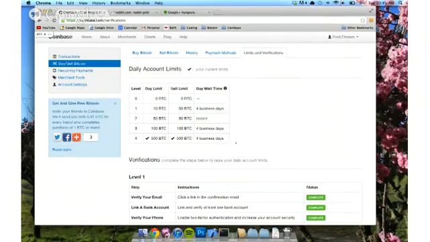But you're absolutely right. You start out at level 1. You can see here where you're able to buy 10 Bitcoin and sell 50 a day, and there's this wait time involved, where we wait for your money to clear with us before we pay out Bitcoin when you buy Bitcoin. Selling is obviously kind of an instant thing. You sell Bitcoin, we receive it, and then we instantly credit your bank account, and you'll get money next day, roughly.